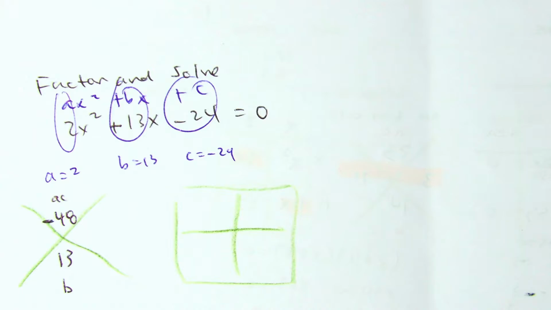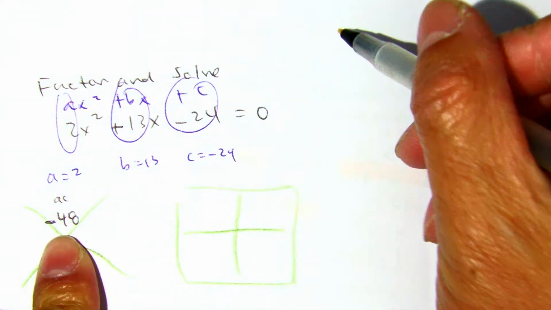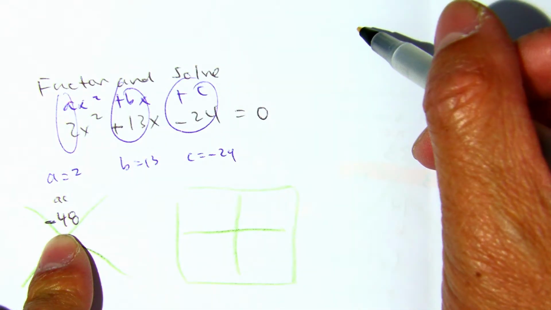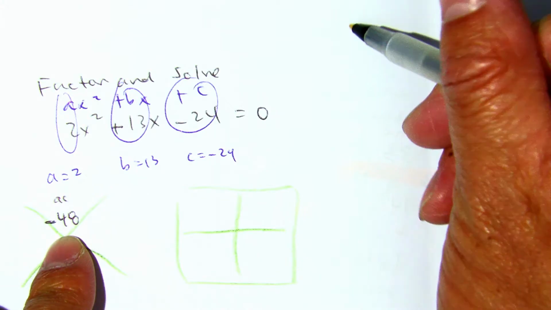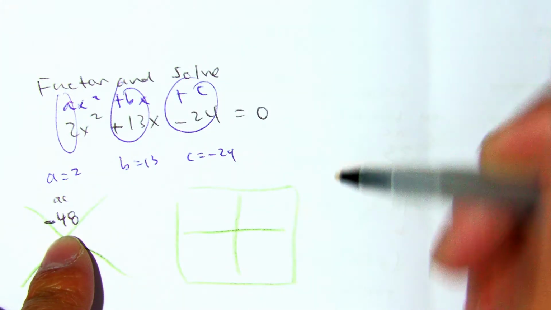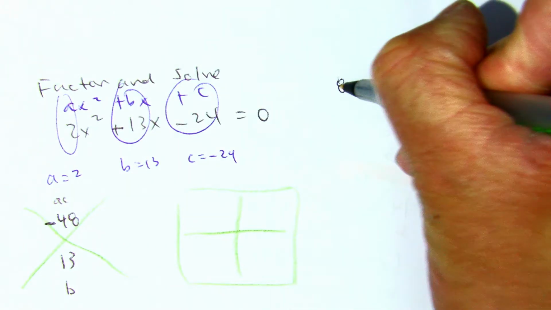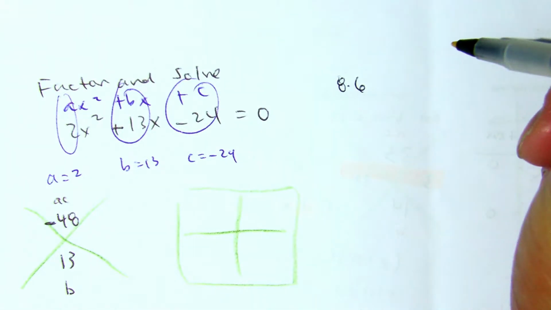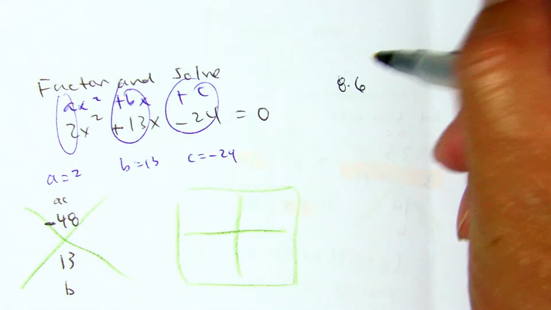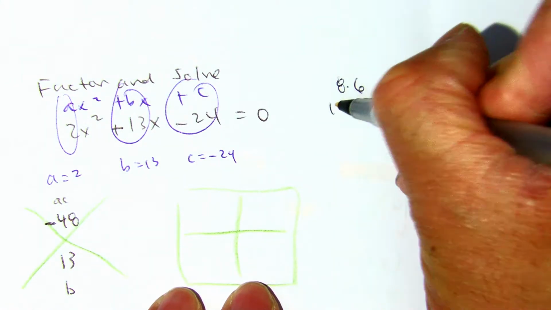With your partner, if you haven't already, list out the factors of positive 48. All the numbers that multiply to be positive 48. List them all out. Ready, set, go. 6 times 8. Any others? 12 times 4.